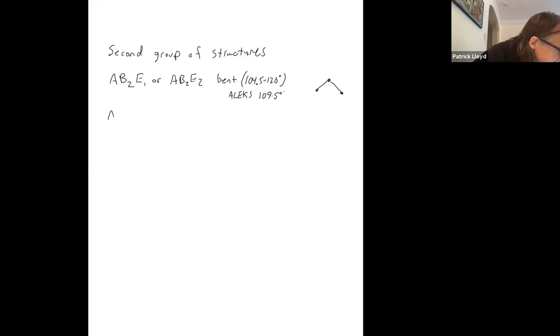The next one is AB3 with 1 lone pair. And this is called trigonal pyramidal. Sometimes people put "al" at the end. This one is 3-dimensional. It looks like a little pyramid, okay?